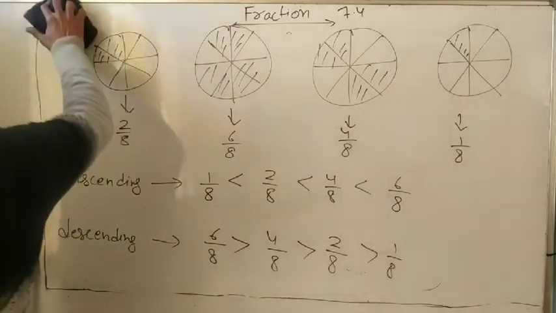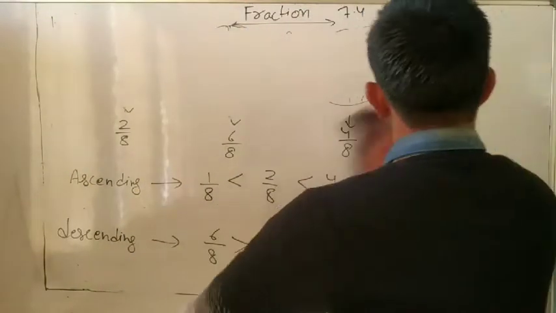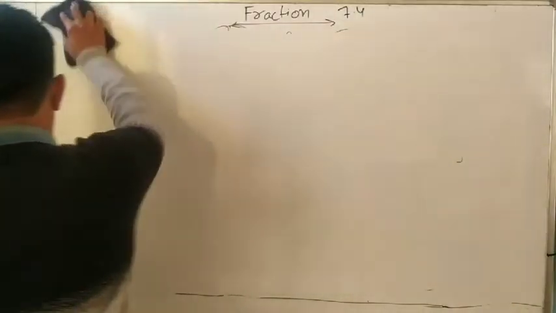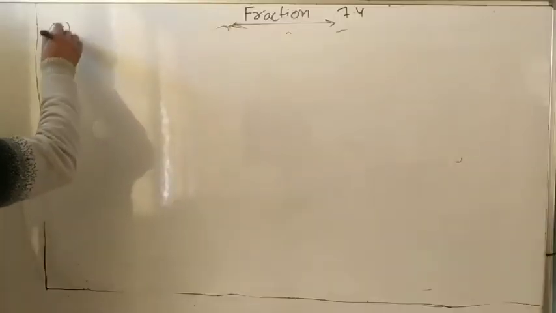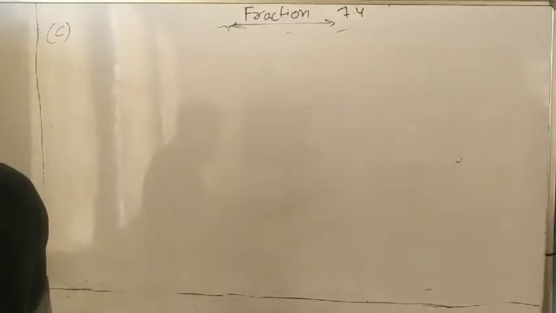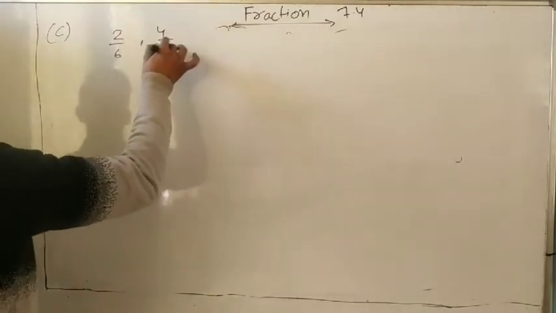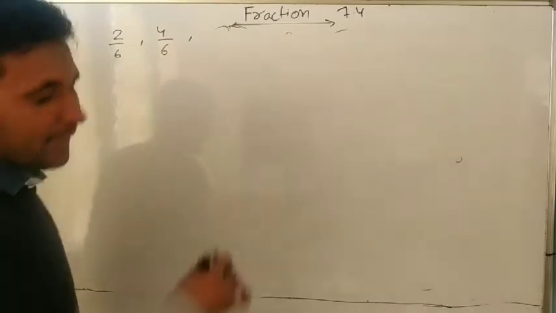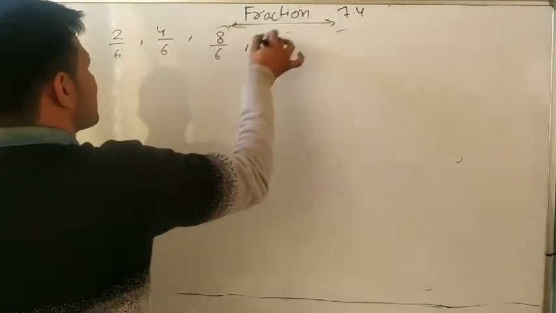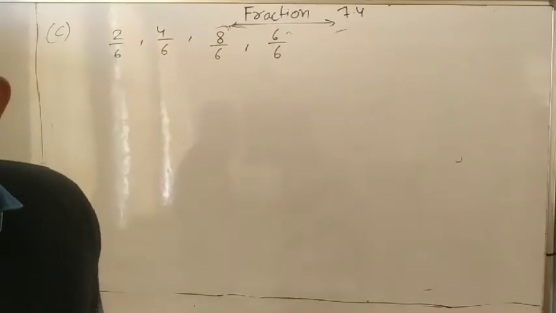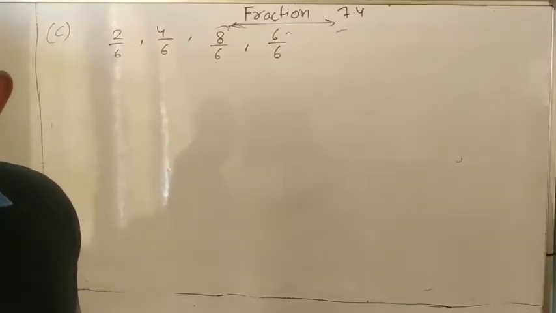Next is C part. 2 by 6, 4 by 6, 8 by 6 and 6 by 6 on the number line, and put the appropriate sign between the fractions.